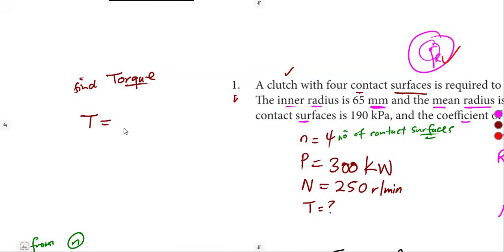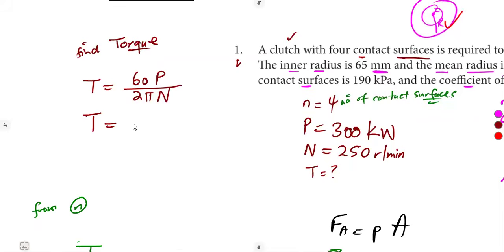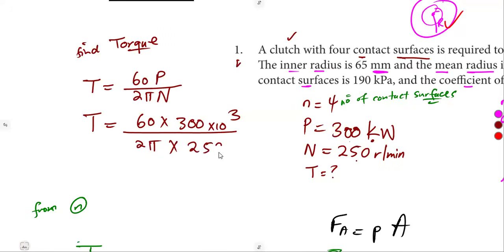These English words, the way that we pronounce them, I do not know, but I just hope you understand me. Because we're given our speed in revolutions per minute, our torque at the end of the day is 60 times the power, where capital P is for power, 300 kilowatts, so 300 times 10 to the exponent of 3, over 2 pi N times the speed, which is 250 revolutions per minute.